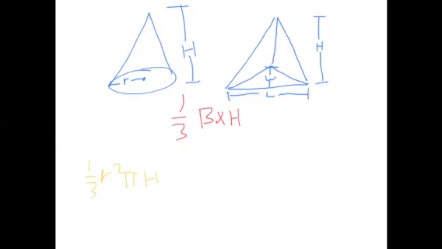Then you have the pyramid here, and that's going to have a base area of 1/2 width times length, or length times width. And then to complete the formula, you have to multiply it by height, and again by 1/3.